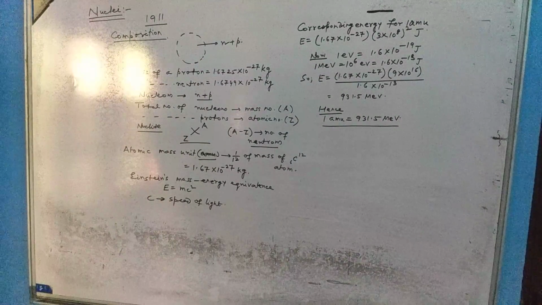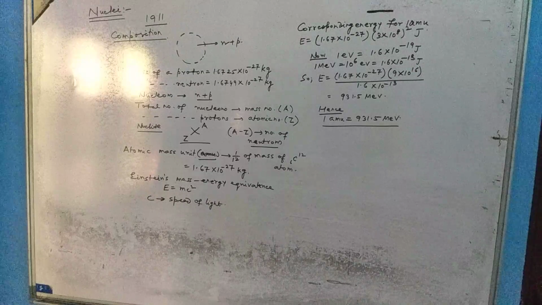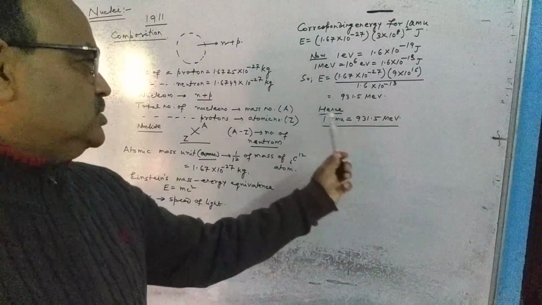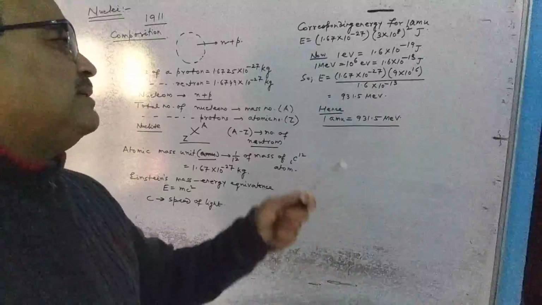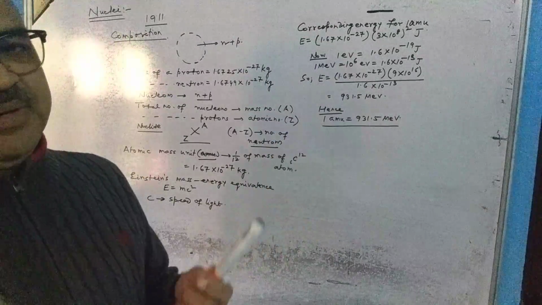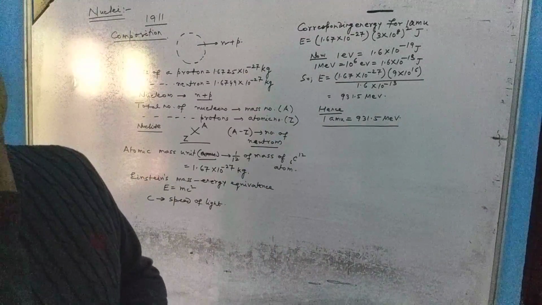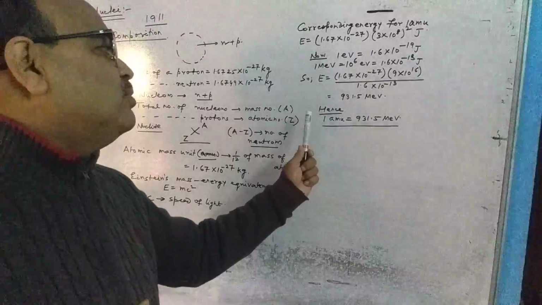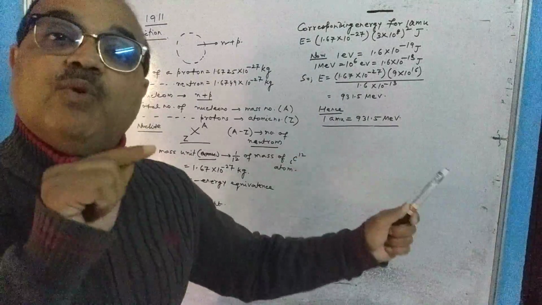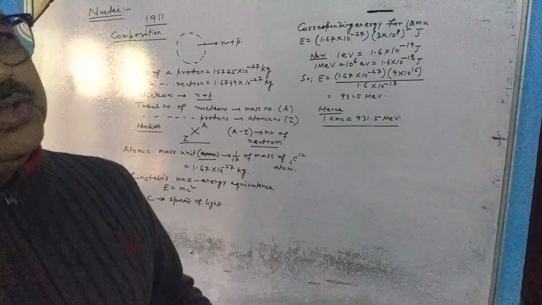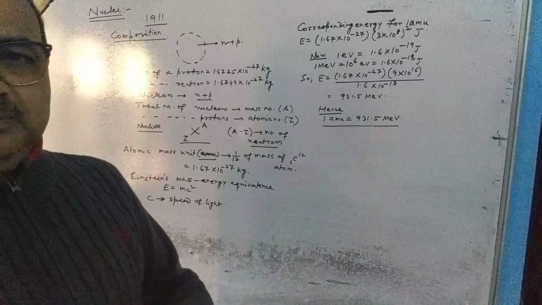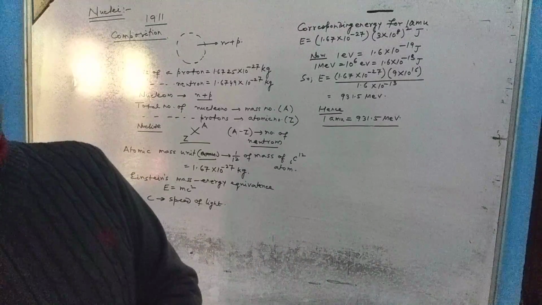1 atomic mass unit is equal to 931.5 MeV. That's a very important point, and it will be very helpful in solving the numericals. Sometimes it is given in the questions that 1 atomic mass unit is equal to 931 MeV only, sometimes it may not be given. So using that data, you can solve the questions.